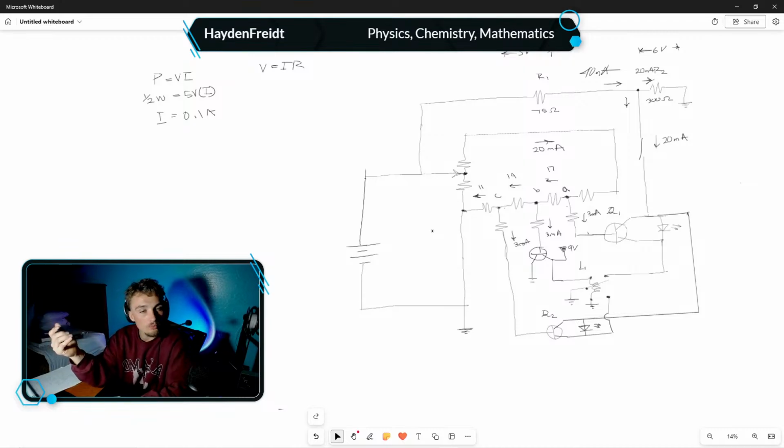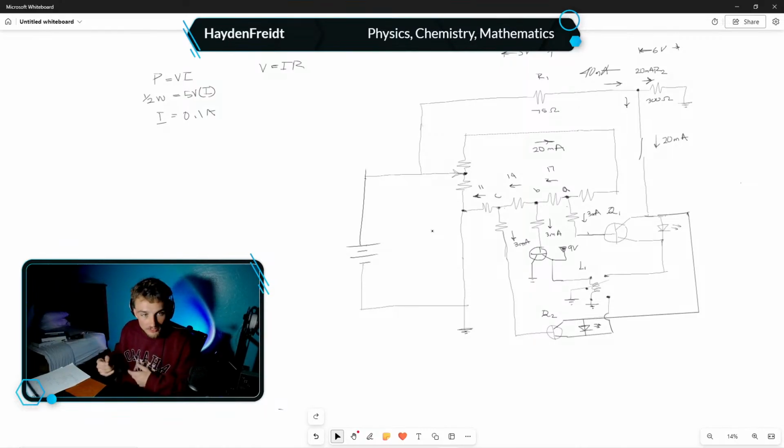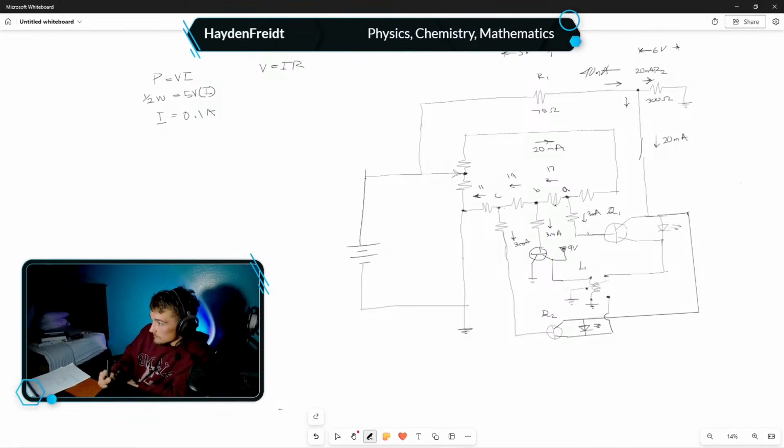Yeah, I think we'd want them all to be the same value, at least as far as resistance. So, alright, let's just play with this idea. Let's say we have a 2.25 voltage drop across each of these four resistors, because that equates to 9 volts.